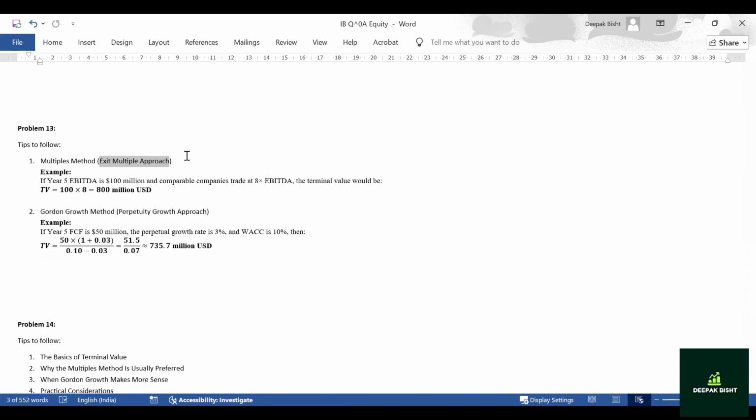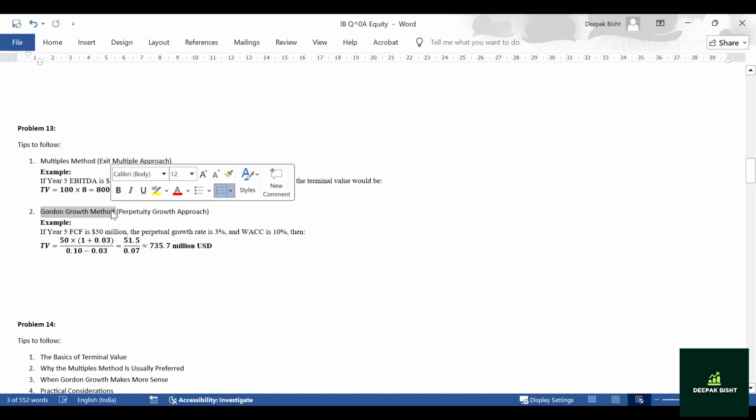So if a company is mature and stable, we can use the Gordon growth method approach to calculate the terminal value. Okay, terminal value, that's what we are discussing here. The downsides are that this approach is very sensitive to the choice of growth rate and discount rate, and small changes can drastically affect the terminal value.